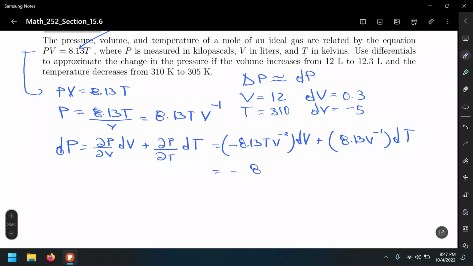Well, let's write this in a more friendly way. That's a negative 8.13 T over V squared dV plus 8.13 over V dT. And in this case, let's just plug in T and V for the initial values, 310 and 12 respectively.